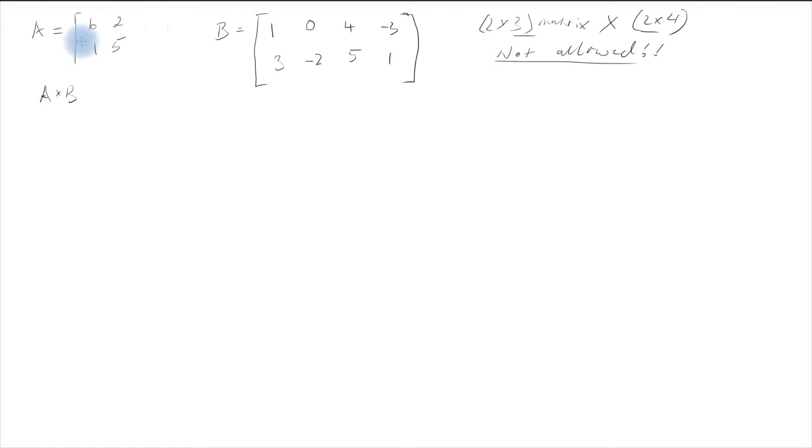Okay, so let's change this matrix so that it's allowed. 3 and 2 will do. Okay, so I've just changed this matrix. The order of it is now 3 by 2. It's now a 3 by 2 matrix.